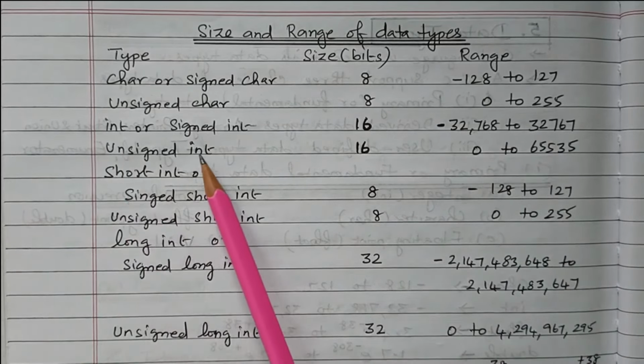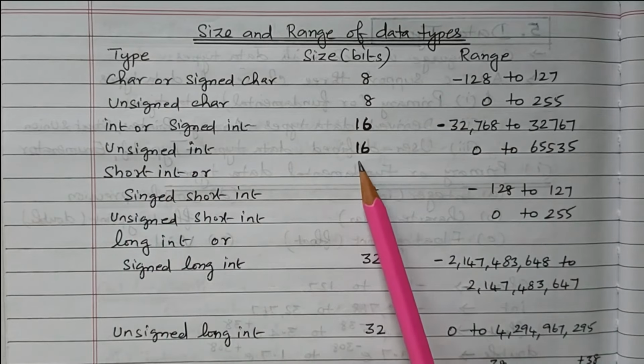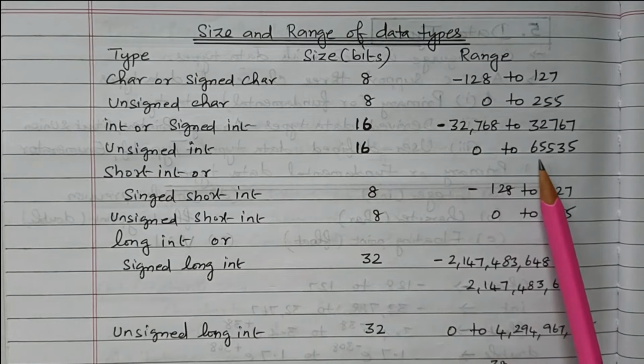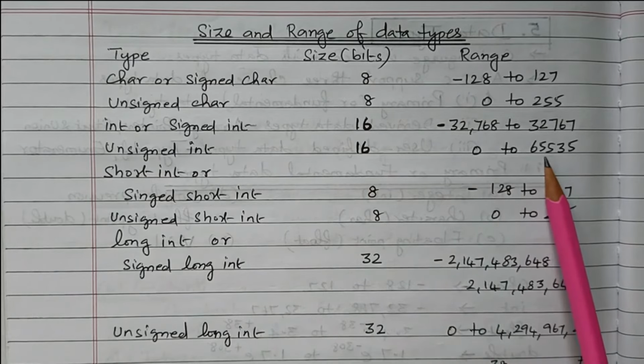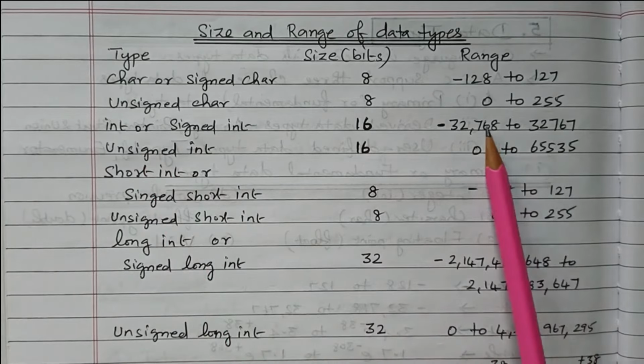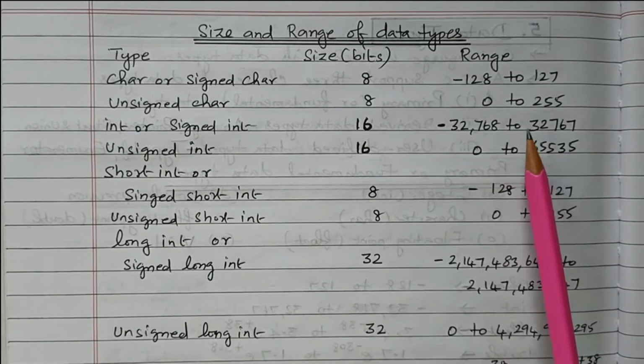If it is unsigned integer, that is also 16-bit data, 2 to the power 16, totally 0 to 65,535 can be stored. With this range we can store the data. If it is unsigned, the range is larger; signed means split into positive and negative.